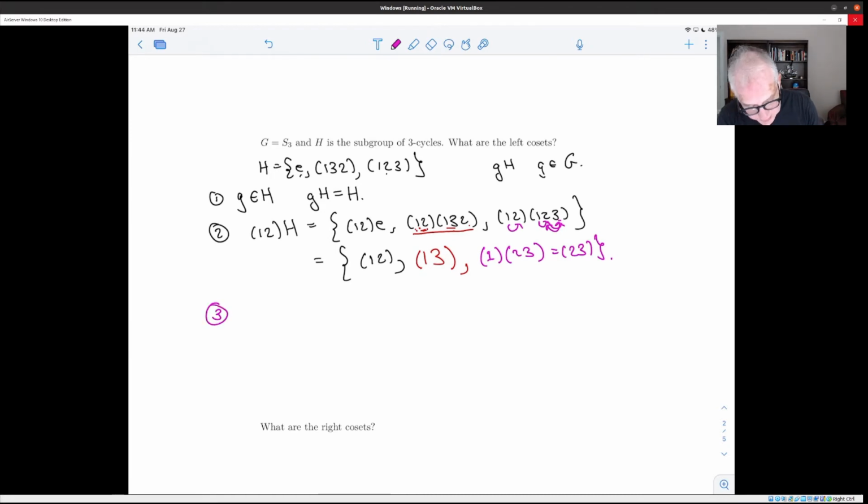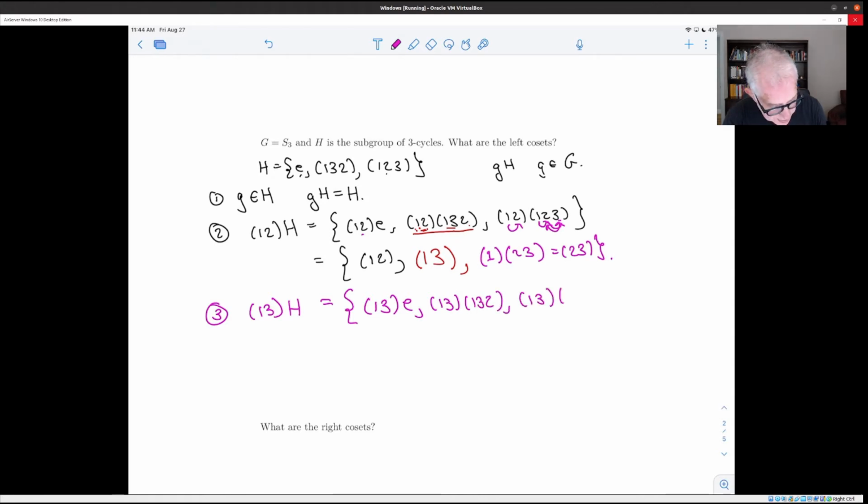Well, what if we multiplied (1 3) times H? Well, we could go through this whole thing. It's (1 3) times E, (1 3) times (1 3 2), (1 3) times (1 2 3). And it turns out to be (1 3).